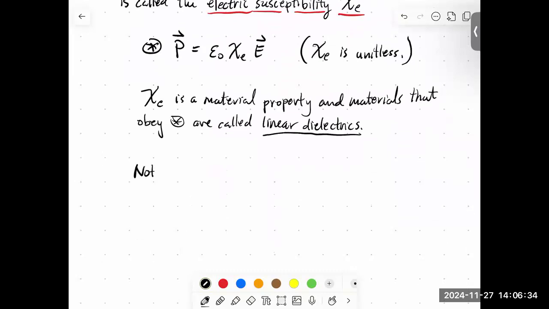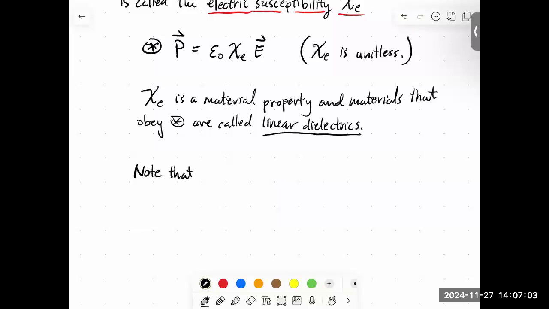Let's emphasize, we've talked before about how we apply an external field that causes the polarization. The polarized material creates its own electric field. Here, the E in equation star is the total electric field due to both whatever externally applied field you came up with, plus however the polarization modified that field.